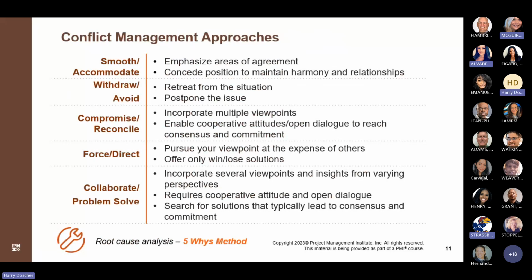So they use the term smooth or accommodate, and the text on the right-hand side, emphasizing areas of agreement, working with the people who are having the conflict to take a step back to understand why each of the parties is thinking along the lines that they are, and see how they can work out something that's mutually agreeable.